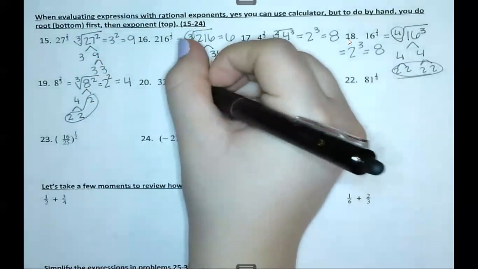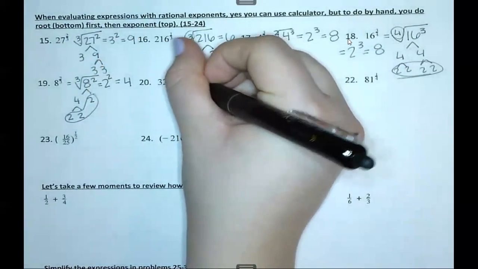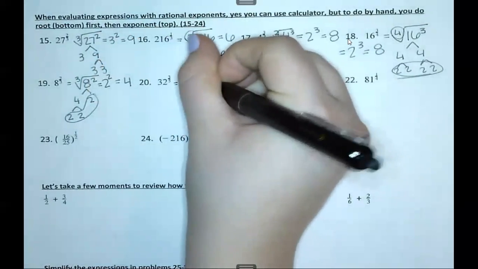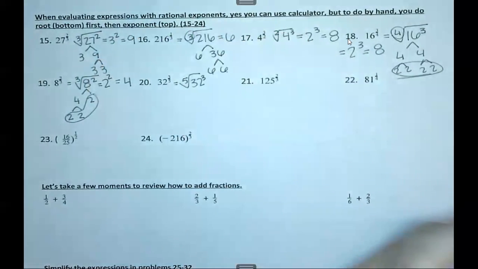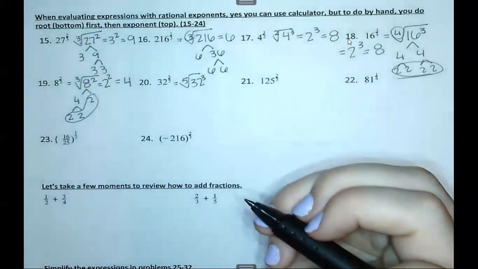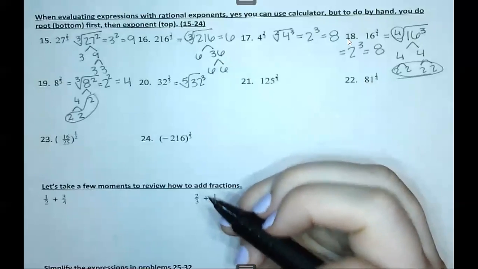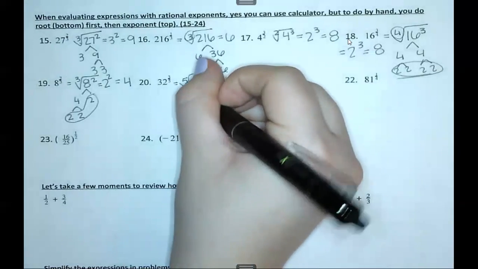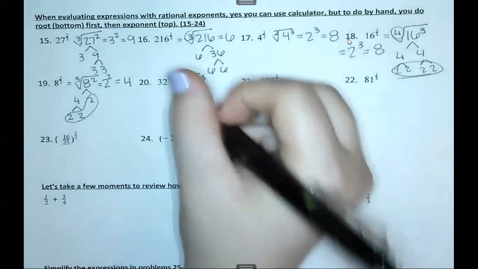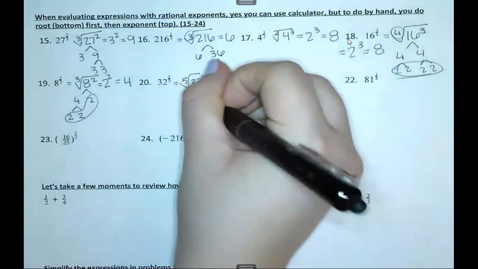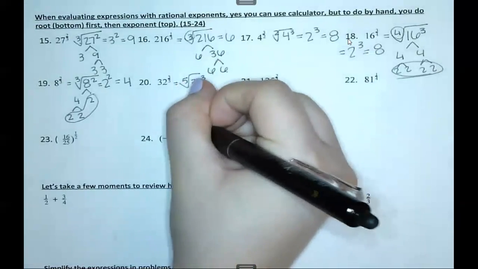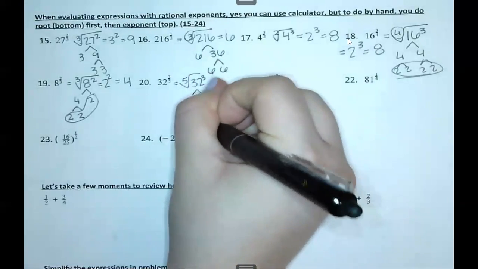On 32, we've got the 5th root of 32 to the 3rd power. So this time we're going to have to find 5 of the same number. So I split this into 8 and 4. I can split 8 into 2 and 4.